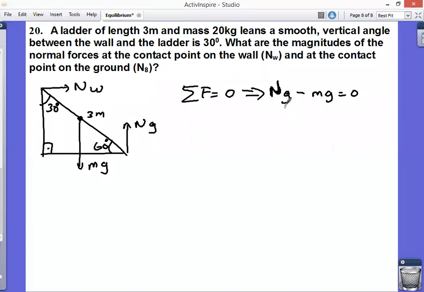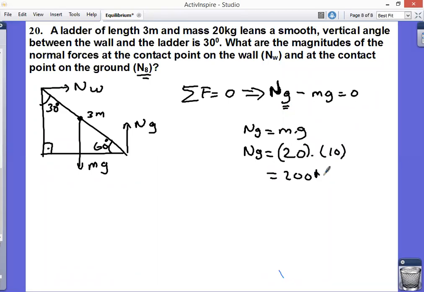The G represents the ground, the force due to ground. Let's call it NG, since he's asking NG over here. So NG is going to be equal to mg, right? Our m is given as 20 kilogram times what is the value of g? 10. When you multiply them, you're going to get 200 Newton. This is going to be the value of NG.